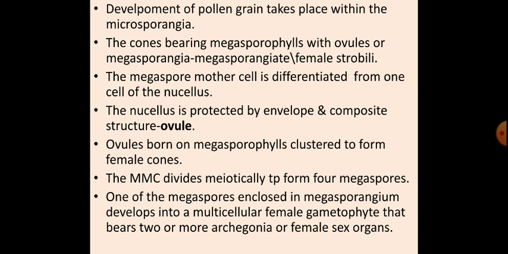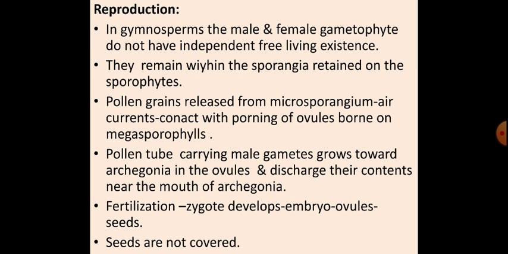Now once the male and female gametophytes are produced, they will undergo reproduction. How does reproduction happen? See, in gymnosperms, the male and female gametes are not independent. They are not released in water and do not move independently. Till they undergo reproduction, they remain within the bulb-like structure called sporangia.